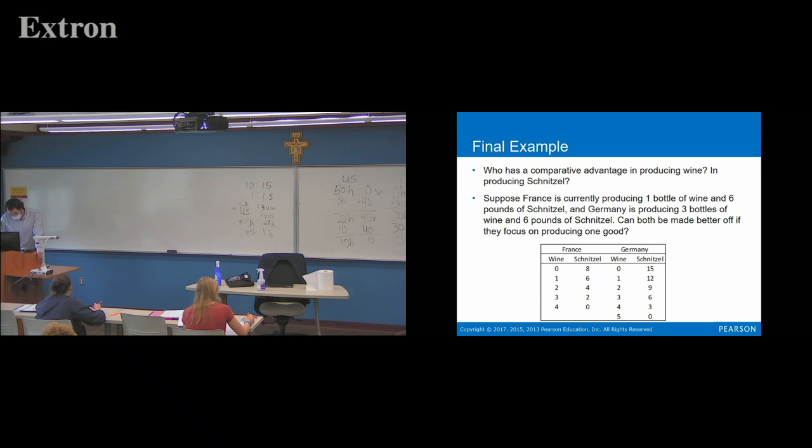So they would end up with an opportunity cost of 0.5 schnitzel for that additional unit of wine. So Germany would end up with the lower opportunity cost to produce schnitzel.